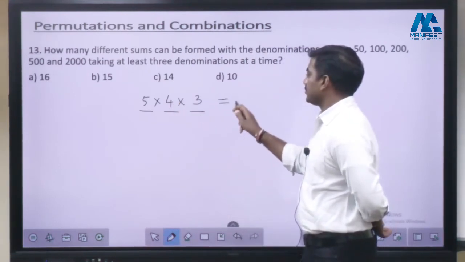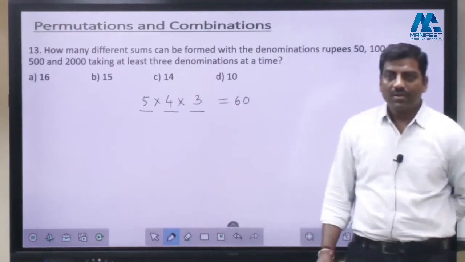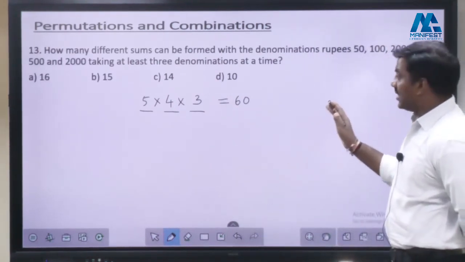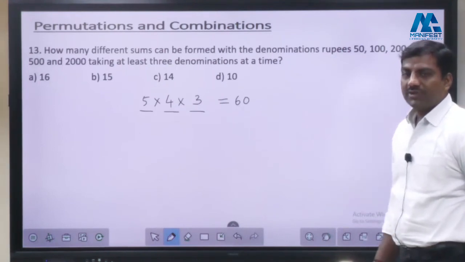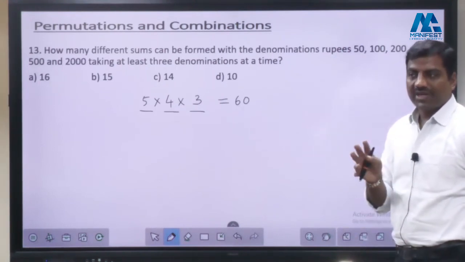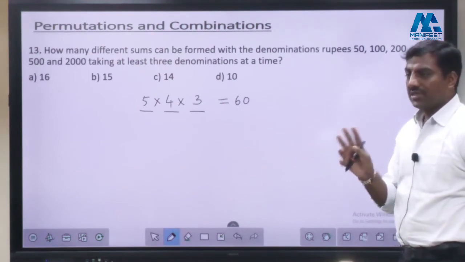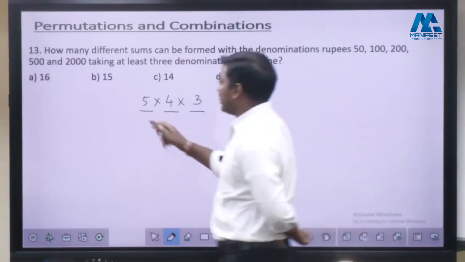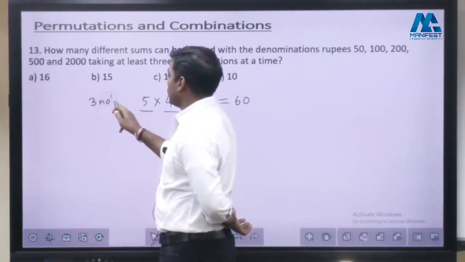Don't worry about the answer, we'll think later. Our method is correct, no? Out of 5 notes, how many ways can you pick a note? 5 ways. Then second note, 4 ways. Third note, 3 ways. So 60 ways. So this is when we are taking 3 notes.